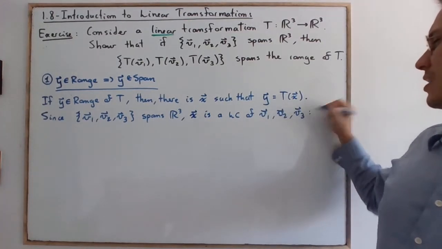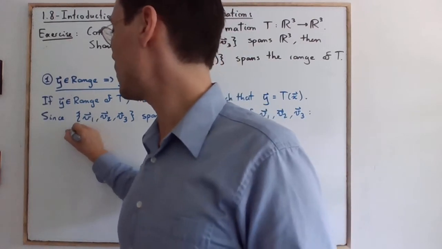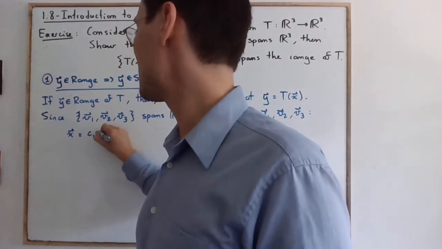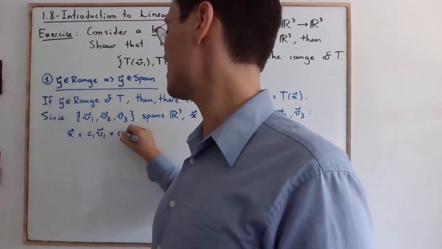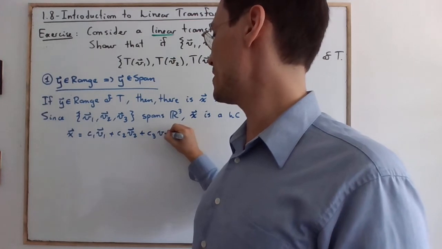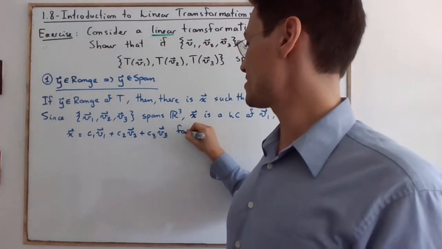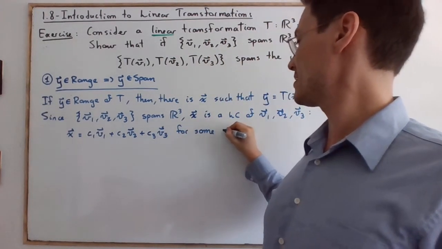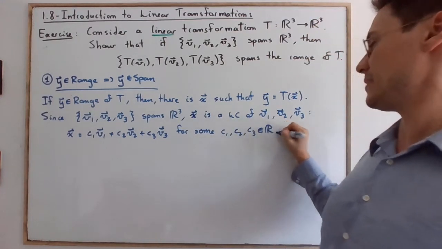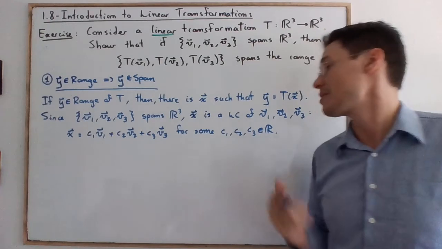So in other words, we can write x equals c1 v1 plus c2 v2 plus c3 v3 for some c1, c2, c3 in the real number set.